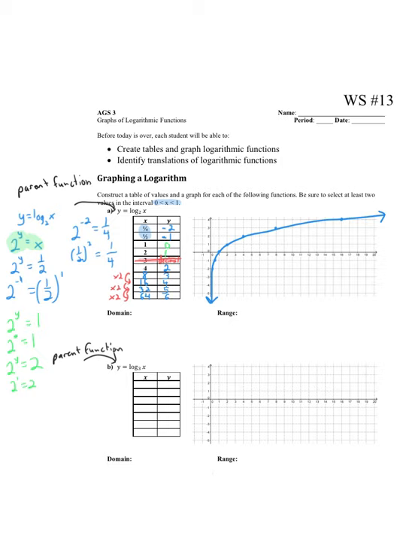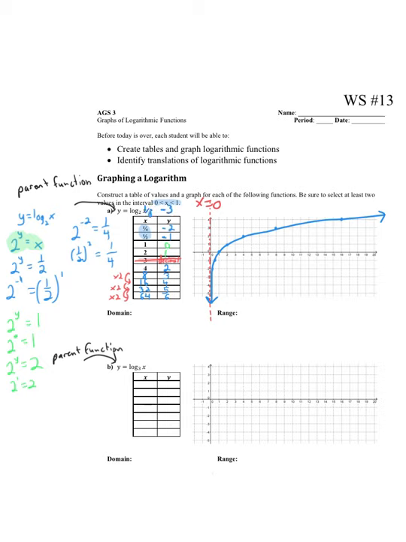And I asked you specifically to include 2 fractions because I want you to realize that there is actually a vertical asymptote here at the line x equals 0 that we can't cross. We're never going to be able to get an x value that's negative, because if I just kept working backwards with my y values, like, hey, let's try y is -3, then I'm going to get 1/8.